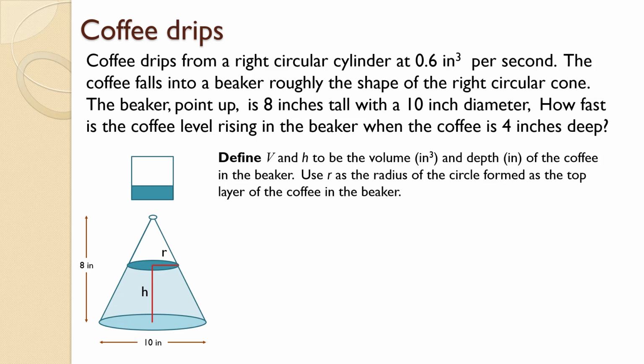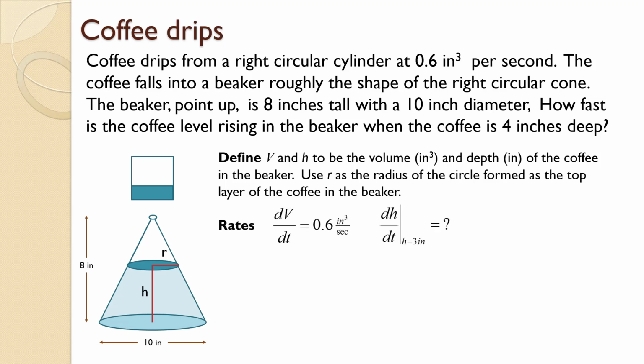Because in order to find the volume of that liquid, I'm going to find the difference of two volumes of cones. And to find the volume of a cone, you need both the height of the cone and the radius. So that radius, r, will be changing in time, because as the depth increases, that cross-sectional area, which is a circle, gets smaller, which means the radius gets smaller also.